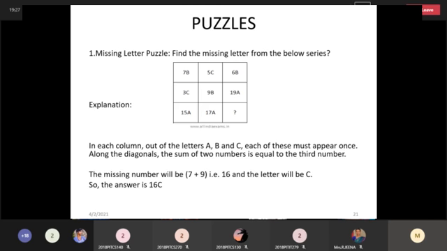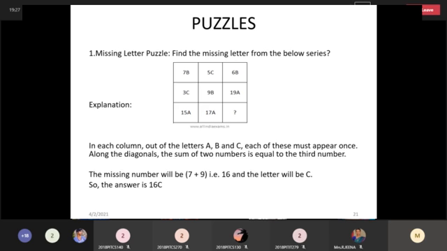Missing letter puzzle: find the missing letter from the series below. They have given 7B, 3C, 15A, 5C, 9B, 17A, 6B, 19A and a question mark. In each column, out of the letters A, B and C, each must appear once.